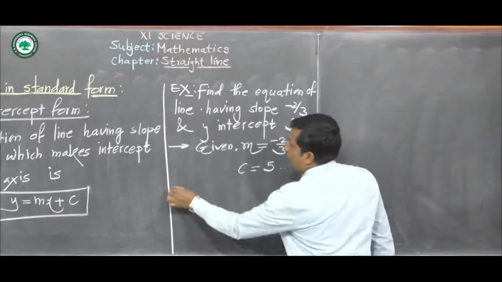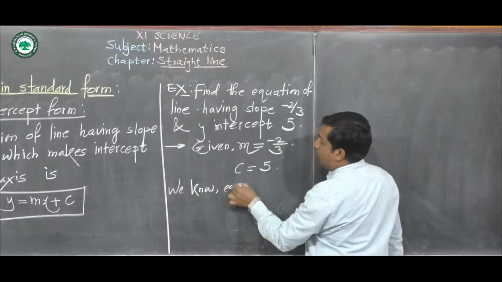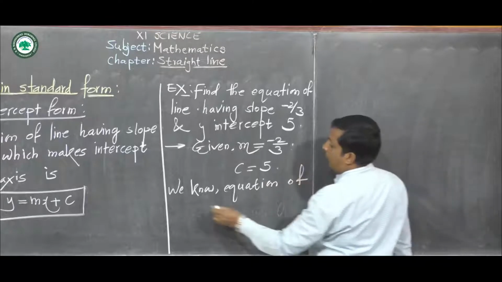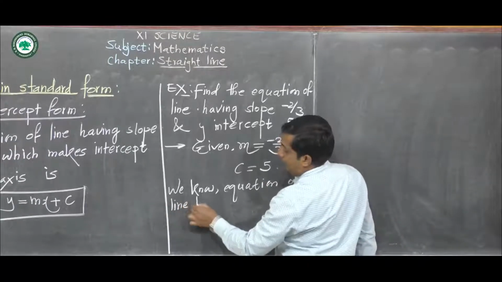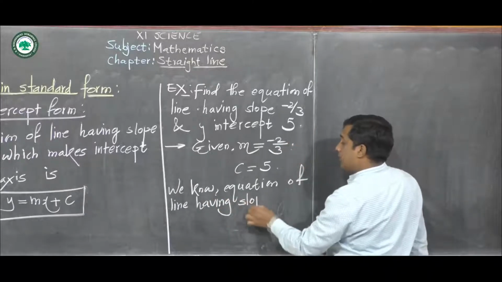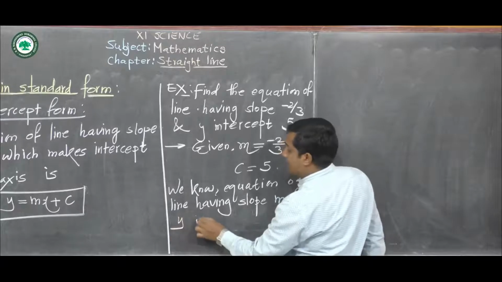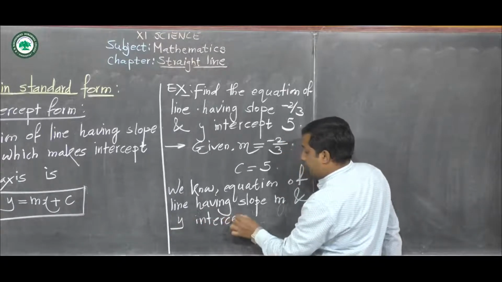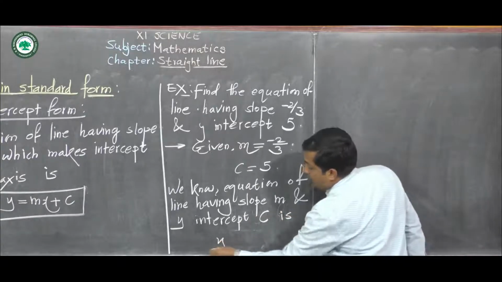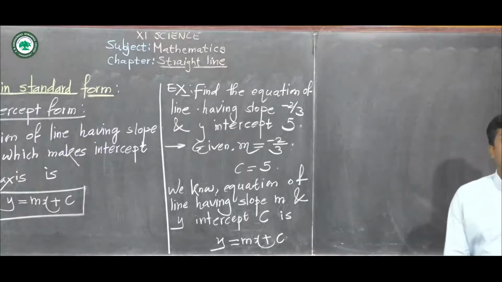Okay, so here we know the equation of line having slope m and y-intercept c is y is equal to mx plus c.